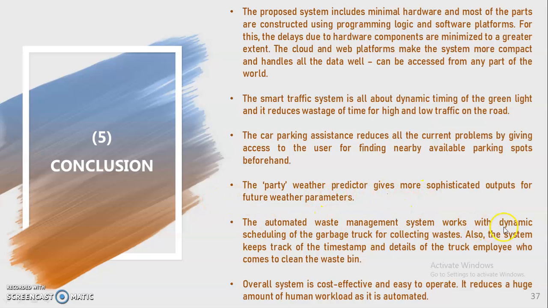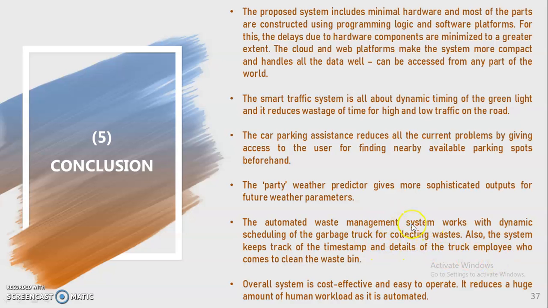And in the waste management system, it is just the dynamic scheduling of the garbage truck for collecting waste. So the system keeps track of the timestamp and the details of the truck employee who comes to clear the waste bin, which comes in very handy while tracking the employees.